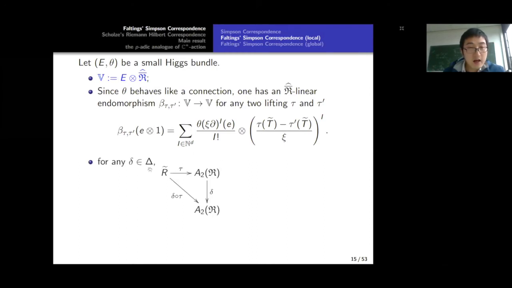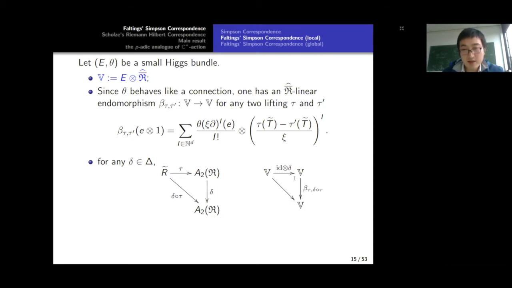Okay, for any element γ in this automorphism group, this τ composed with γ, we will get another lifting. Now we can get the endomorphism β of γ composed with τ.